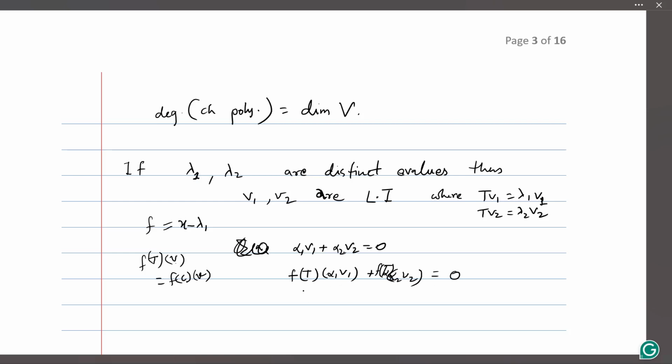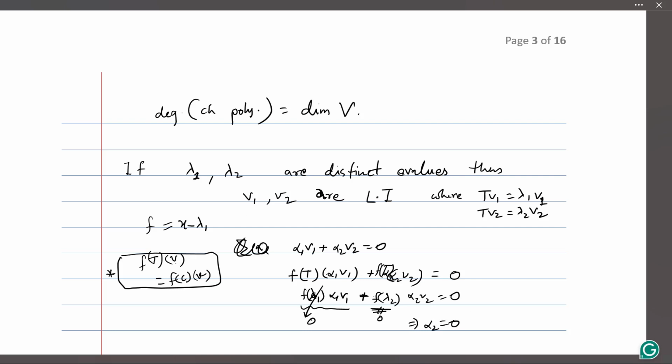But on this side you are getting f at c, meaning lambda 1, alpha 1 v1. Plus here you will get f of lambda 2 from the same result, alpha 2 v2, equal to 0. Now f of lambda 2 is non-zero, so it will imply alpha 2 is equal to 0.